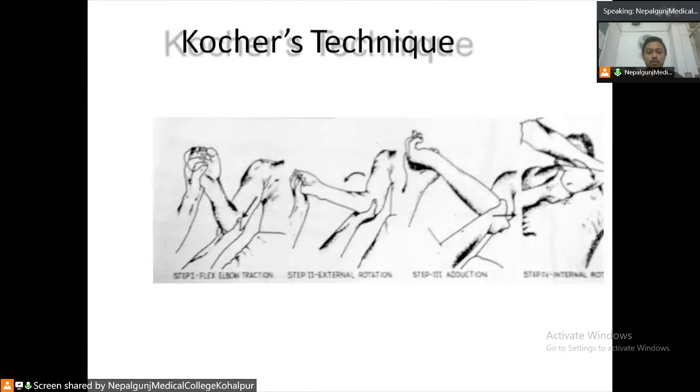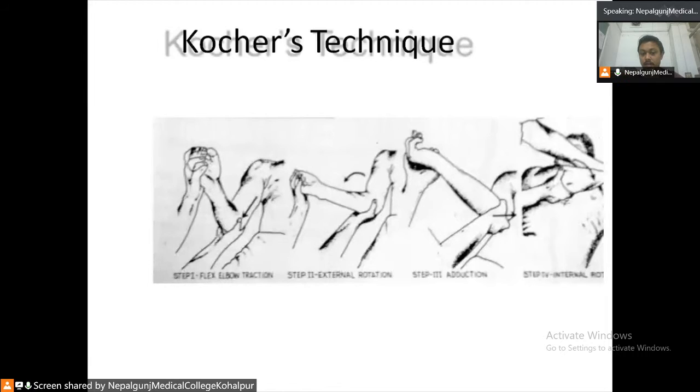The other one is Kocher's technique. Kocher's technique is traction as well as countertraction. Starting with that, you do the external rotation, then adduction, and then internal rotation finally. Whichever formula you go by, you can go with the formula T E A I. Traction is applied to the flexed elbow.